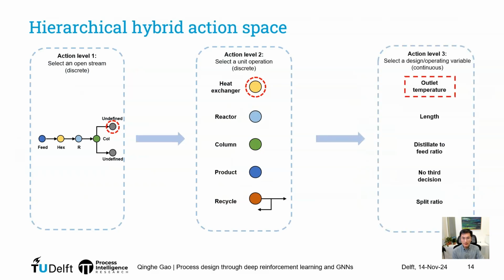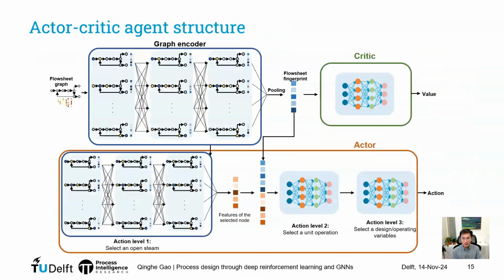Finally, the agent can select a continuous action, which is selecting a corresponding design and operation variable. Then here is our overall actor-critic agent architecture, which includes three major parts: graph encoder, critic networks, and actor networks.